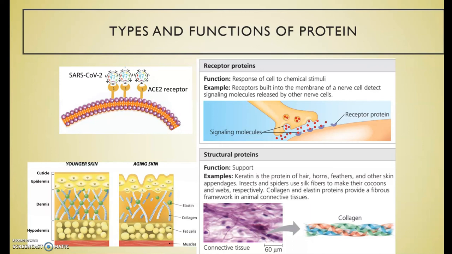Okay? So yung silk din, okay, yung galing sa cocoon ng mga kung ano mang insect yun. Okay? So those are also made of proteins. Okay? Also your collagen and elastin proteins provide a fibrous framework in animal connective tissues.